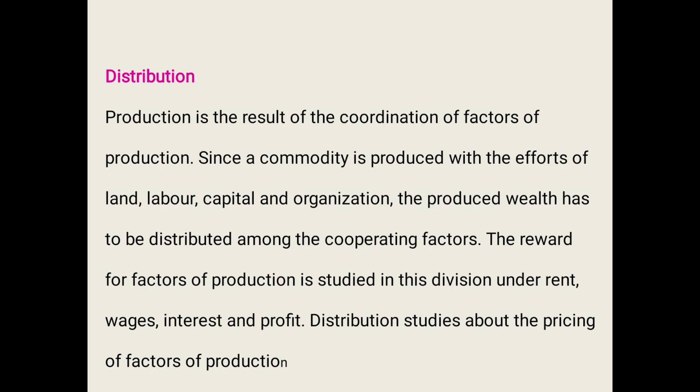Because we are using land, labor, capital and organization, these 4 factors have a reward that is paid. Land is given rent, labor wages, capital interest, and what is the residue that is left after the payment of these 3 factors? The last one is supposed to be profit.